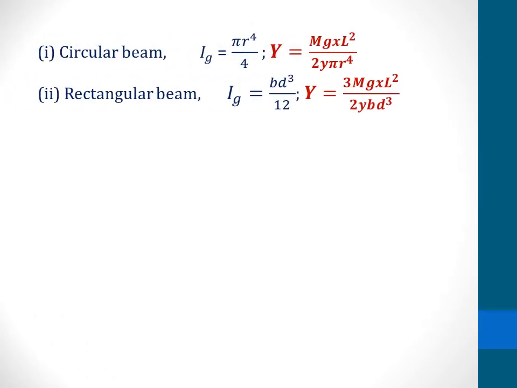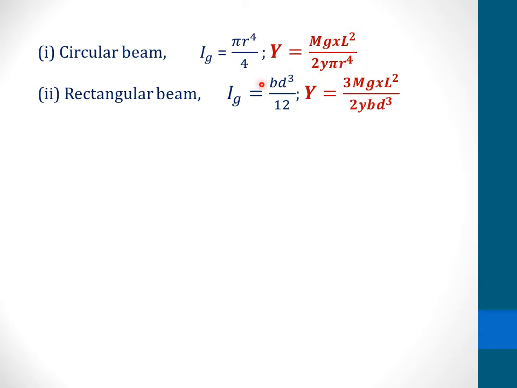For a circular beam, the geometric moment of inertia is given by Ig is equal to pi R power 4 by 4. Substituting this value of Ig in equation 4 in the previous slide, we obtain the Young's modulus for a circular beam to be mgxL square divided by 2y pi R power 4.